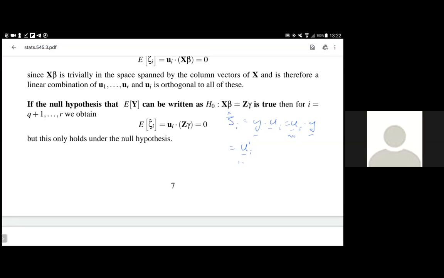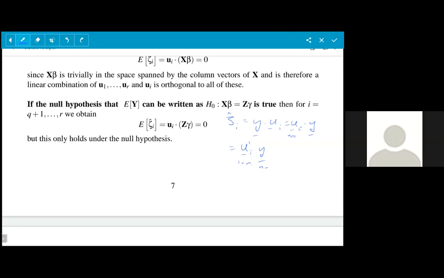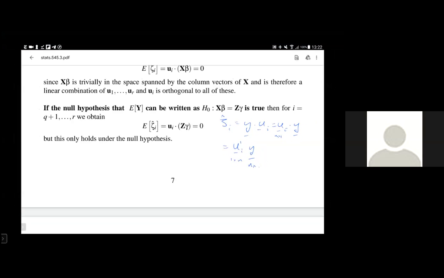This is now a 1 by n matrix, and we do matrix multiplication with the y, thinking of y as an n by 1 matrix.